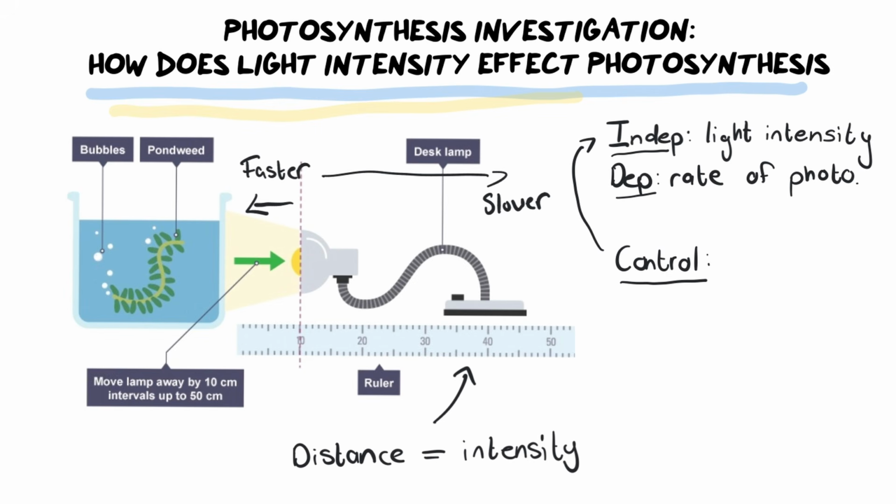So we remove the independent variable, and that means we would have a plant with no light. Either this plant is in a cupboard, or it's in a dark room or something like that. But basically, you need to then have this plant in a space where there's no light.